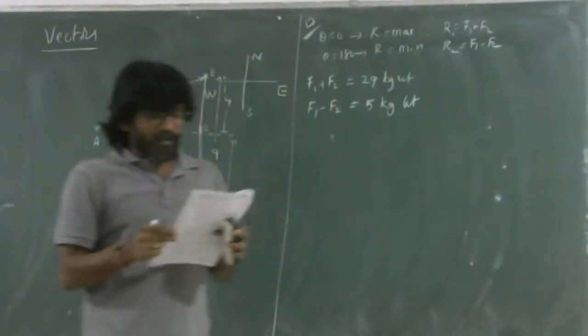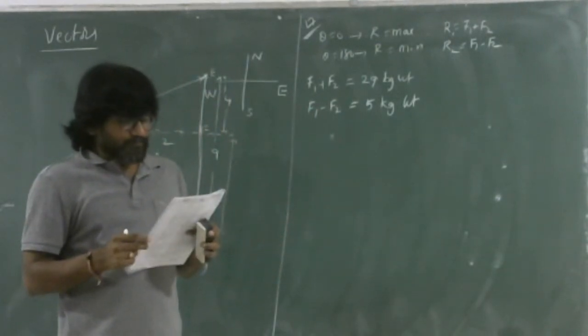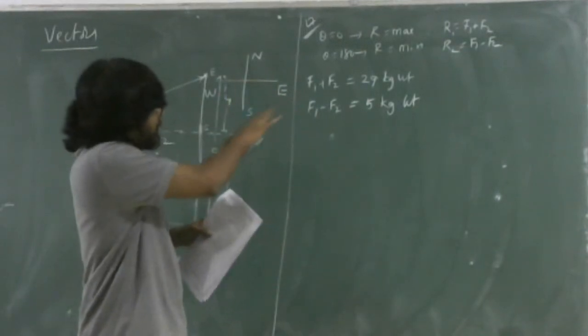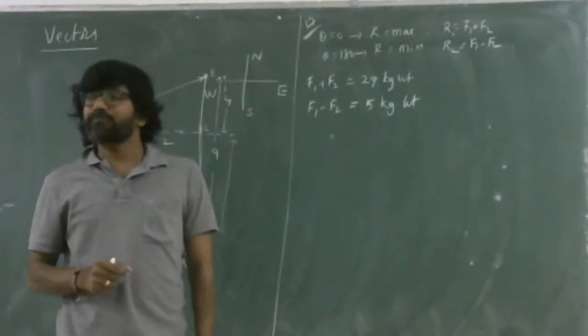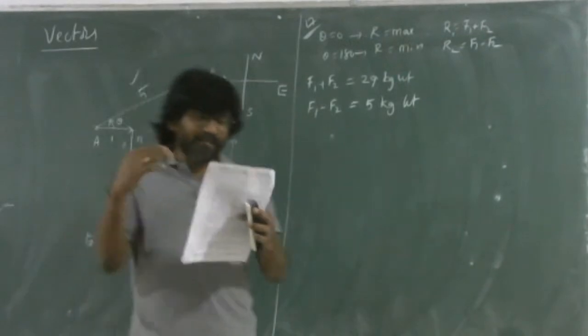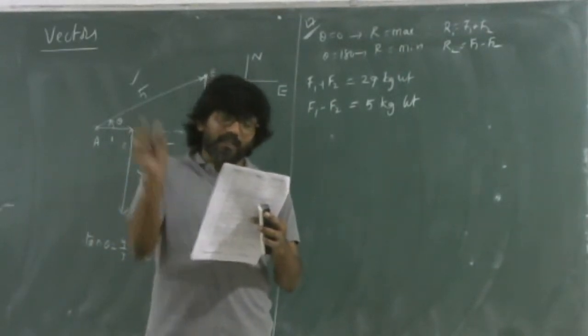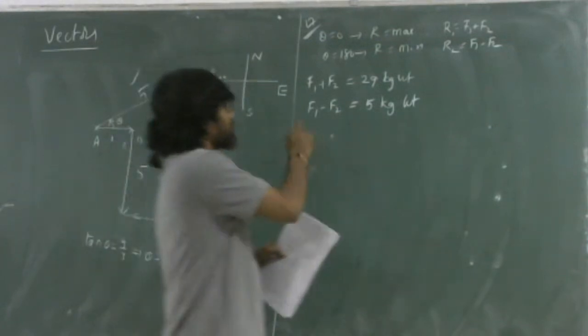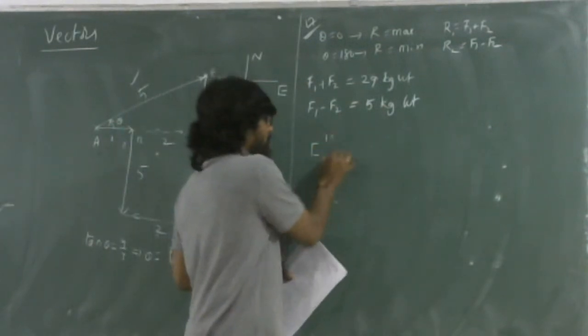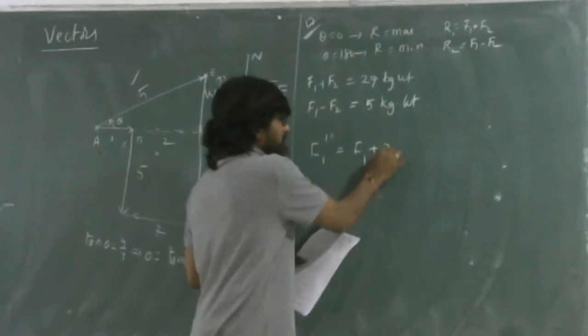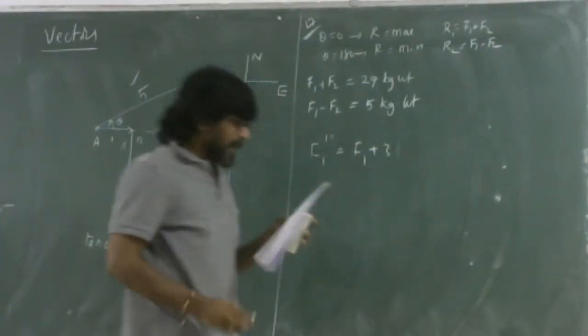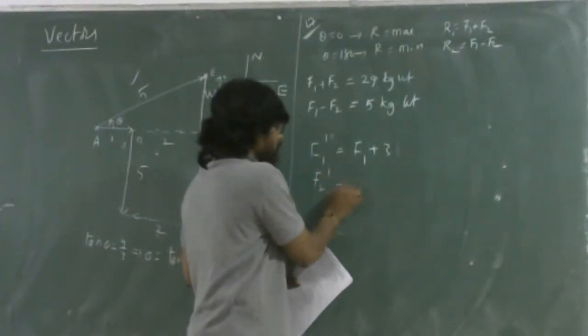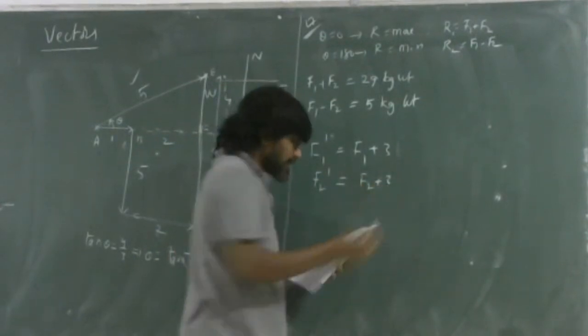Now you can take both the forces. F1 plus F2 is this, F1 minus F2 is this, and what we are asked to find is under one condition. If each force is increased by 3 kg weight, F1 dash is the initial F1 plus 3 kg weight, and F2 dash is equal to F2 plus 3.